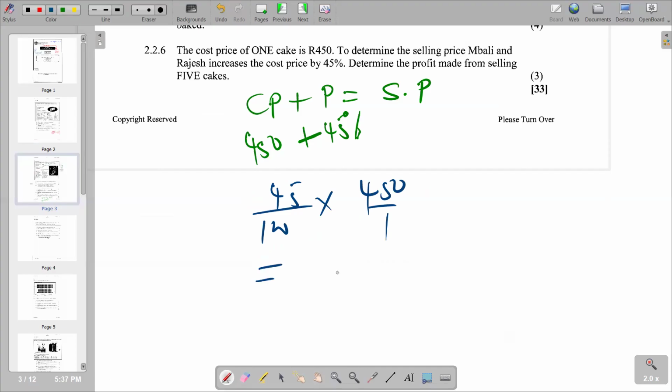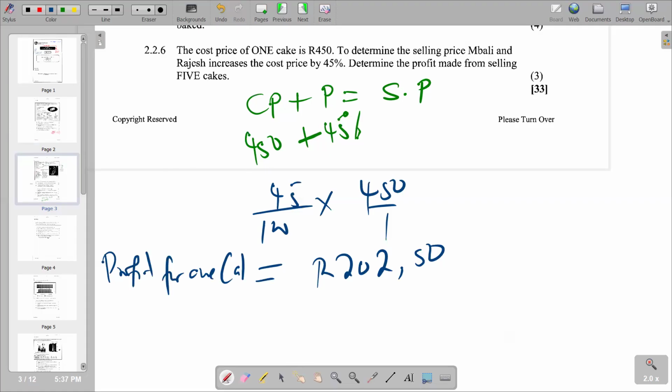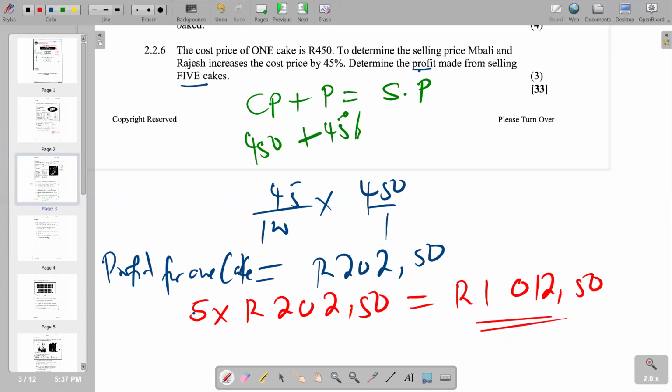If you calculate there, you're going to get it as 202 rands 50 cents. So this is the profit for 1 cake. Then the question is asking for profits for 5 cakes. So we need 5 cakes. So we multiply 202 rands 50 cents by 5, and we're going to get the total profit as 1,012 rands 50 cents. So basically that's what we put in the last part.